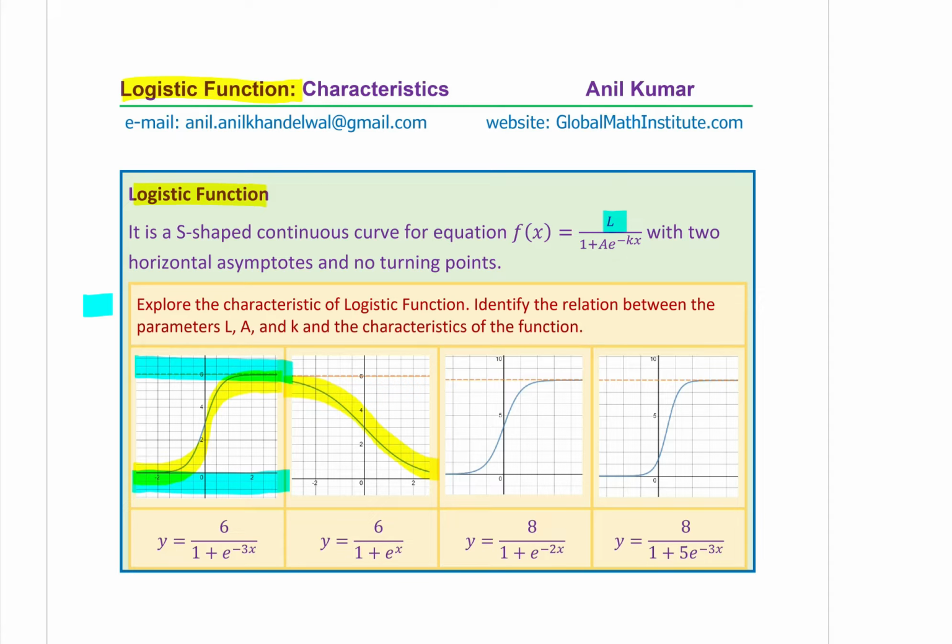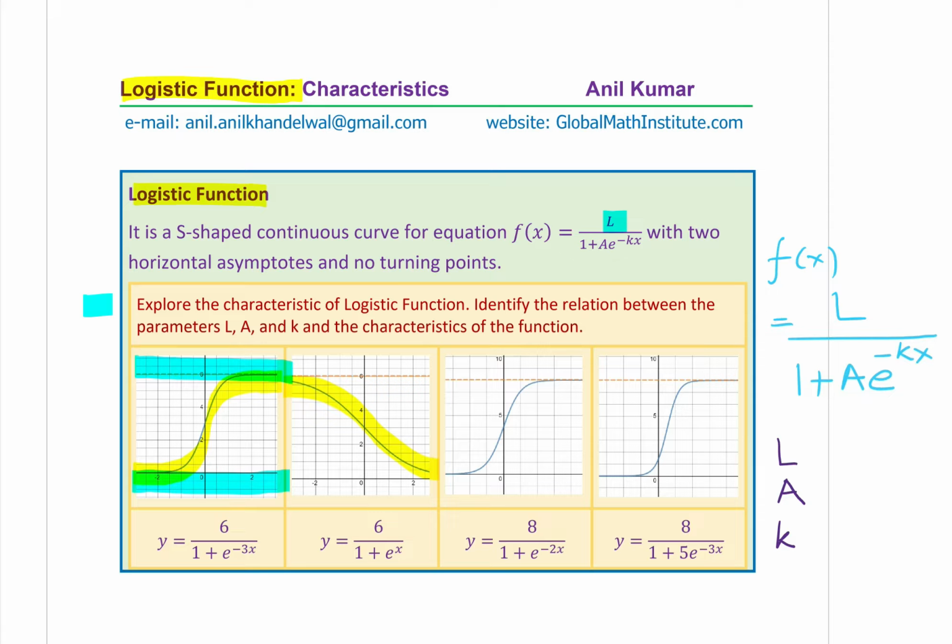The function we are defining is f of x equals L over 1 plus a e to the power of minus kx. So see how the value of L relates to the graph, the value of a relates to the graph, and the value of k relates to the graph.